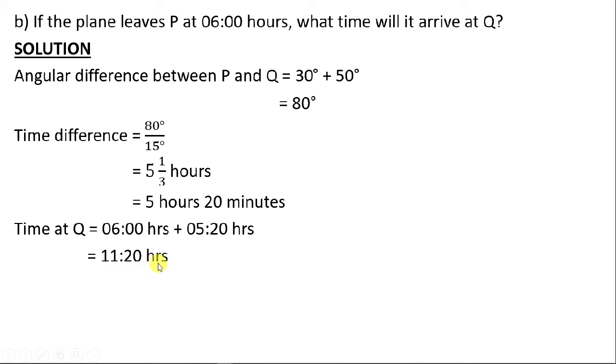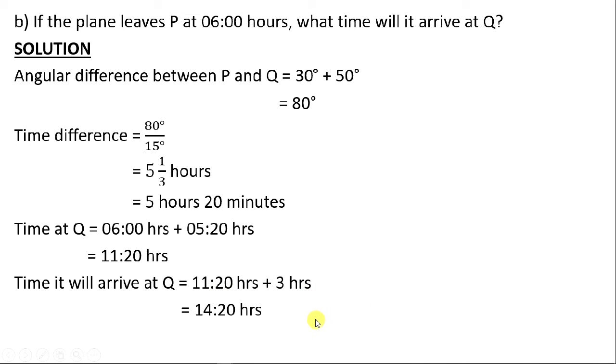Now it took 3 hours for the journey to be completed. It means we have to add 3 hours to 11:20 to find what time it arrived at Q. So it will be 14:20 hours. That's the time it's going to arrive at Q.